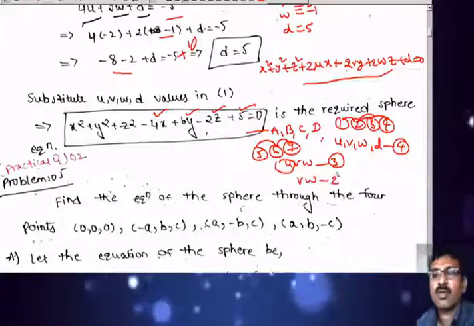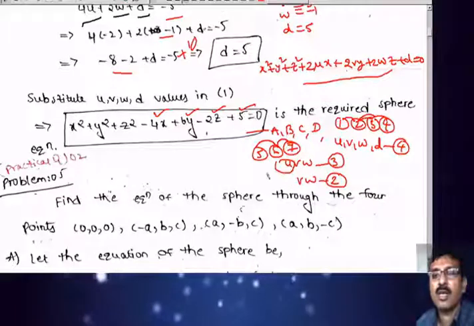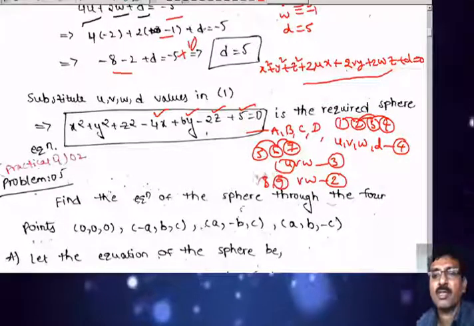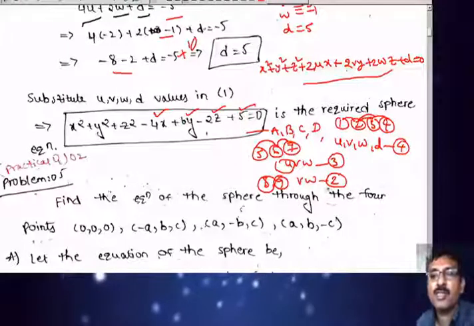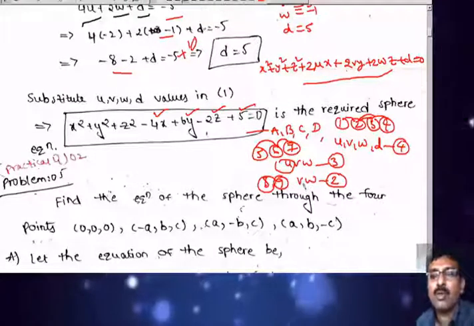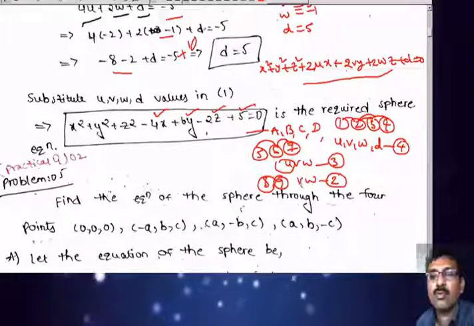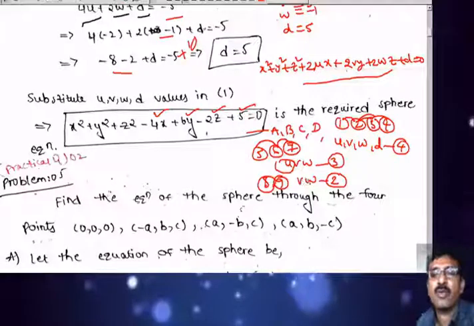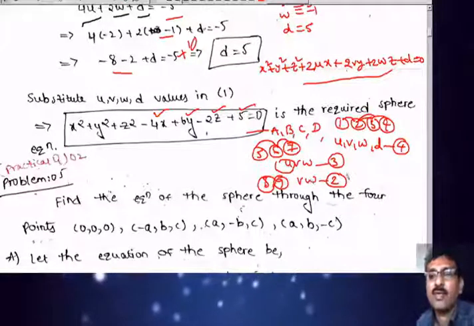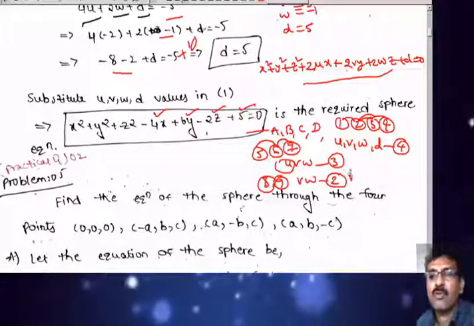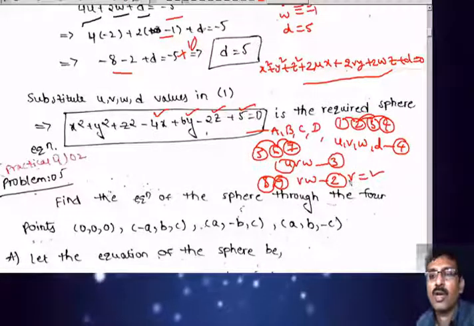That's why here we have two equations, equation number 8 and 9, in which we have v and w. We can solve by eliminating v or w. Finally, by solving these two equations, we get the v value and w value.